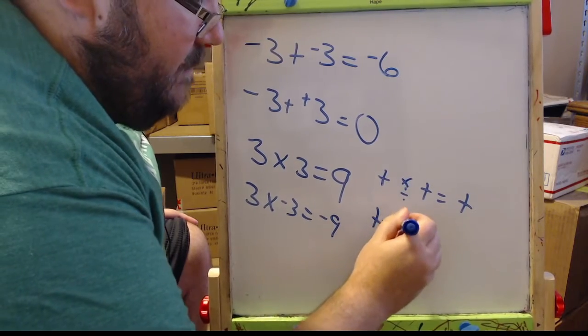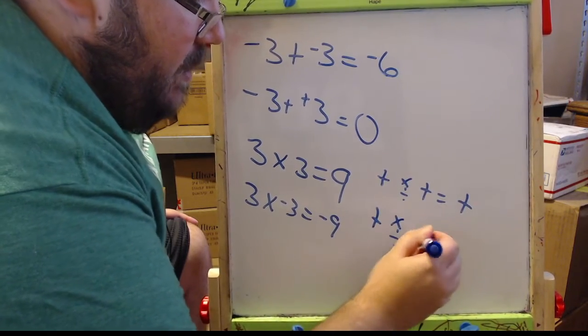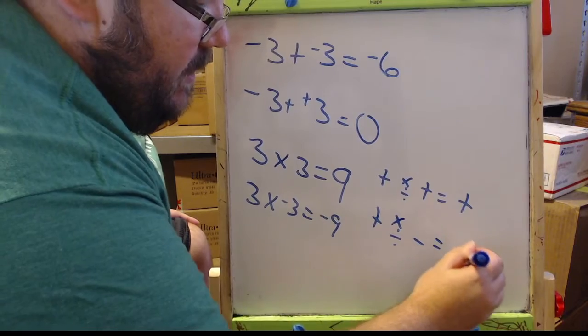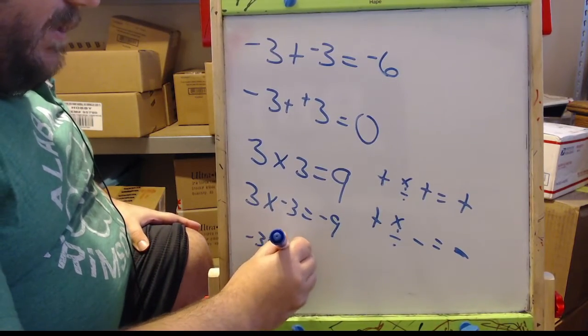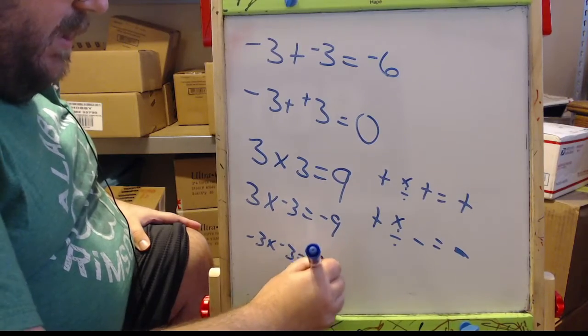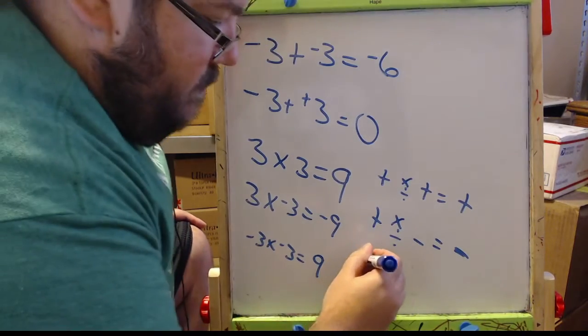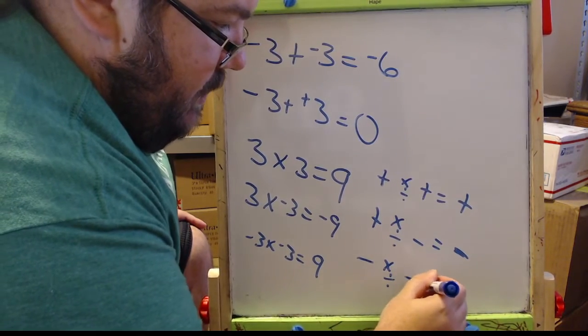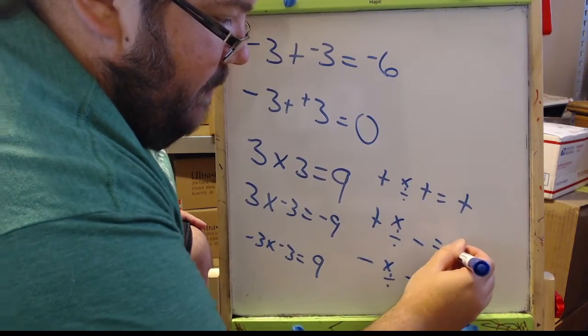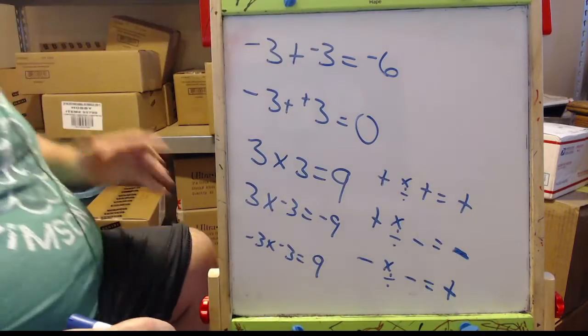So, a positive times or divided by a negative number gives me a negative. Two negatives multiplied together gives me a positive. So negative times or divided by another negative gives me a positive answer.